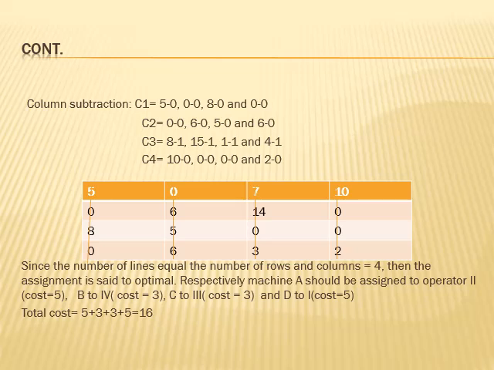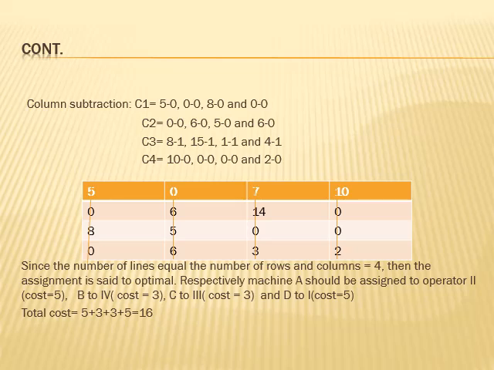Also, this case applies to the next column and to the last column, except column 3. The least cost in column 3 is 1.